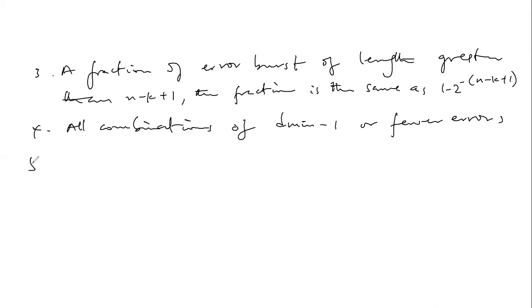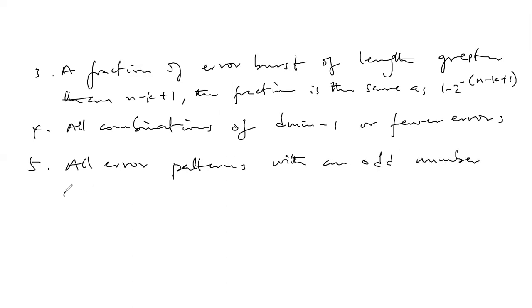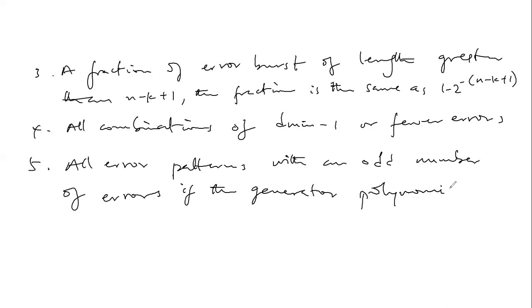Then we also have all error patterns with an odd number of errors if the generator polynomial g(x) of the code has an even number of non-zero coefficients.